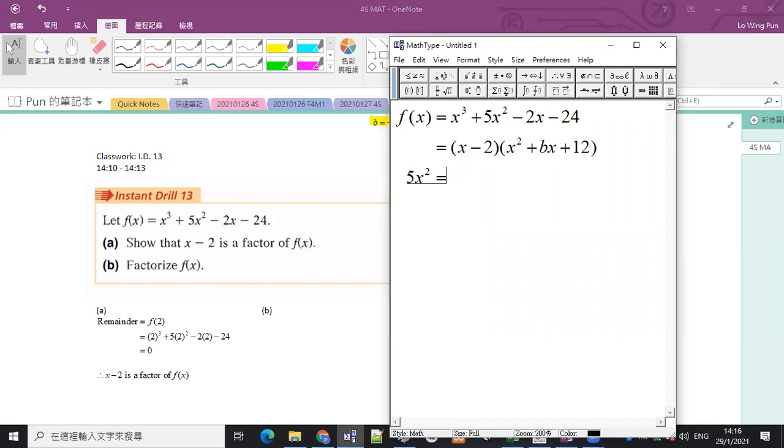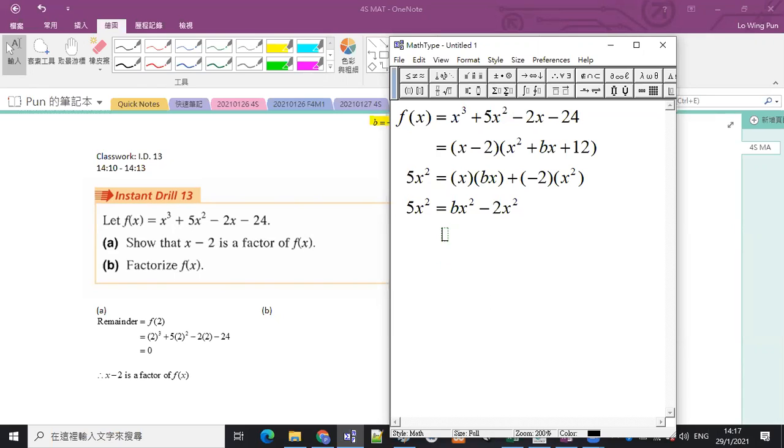5x squared is equal to there are 2 combinations. If we get x from the first bracket, then the second bracket will be bx, because I need to get a squared term when multiplying 2 terms together. Plus, the second choice should be -2 times x squared. Adding the different combinations together, 5x squared is equal to bx squared minus 2x squared.